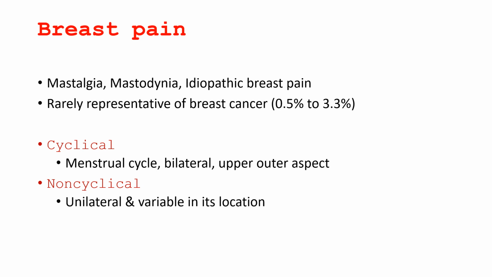Cyclical breast pain is typically bilateral and involves the upper outer aspect of the breasts with radiation to the axilla or down the arms. Non-cyclical breast pain is more frequently unilateral and variable in its location in the breast.